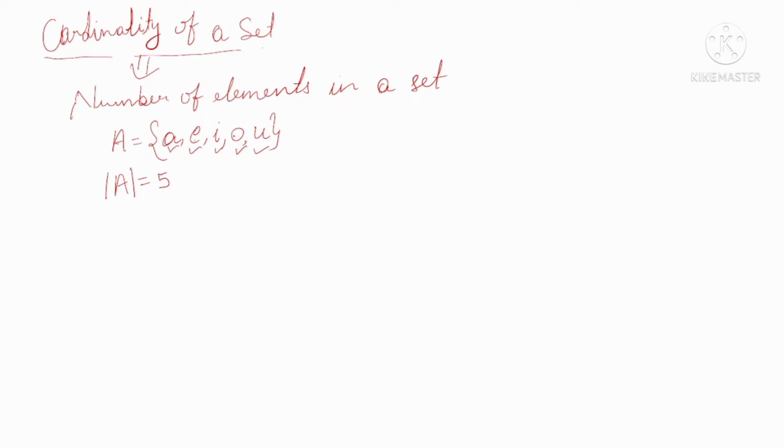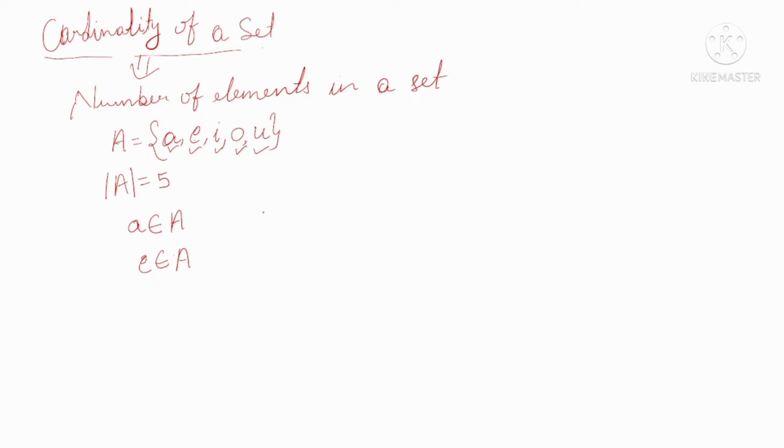And if any element belongs to a set, just like here you can see in this case a, e, i, o, u belong to set A, we can write it in this form: a belongs to set A. It means this element small a belongs to set A. In the same way, e belongs to set A, and if any element doesn't belong to the set, then we write doesn't belong.